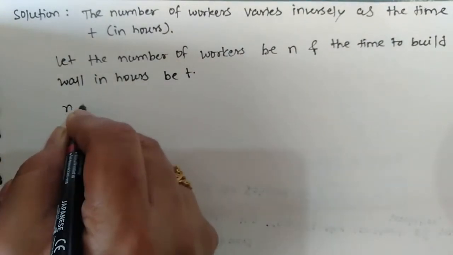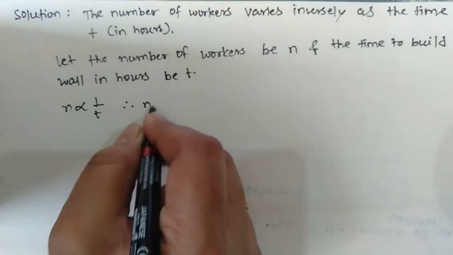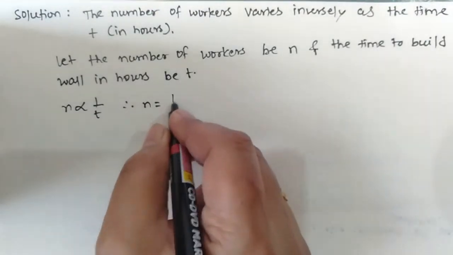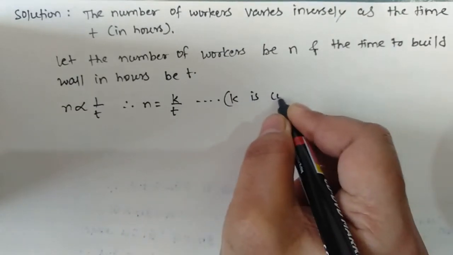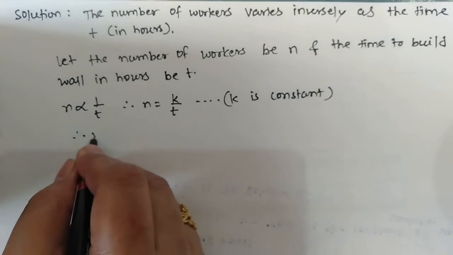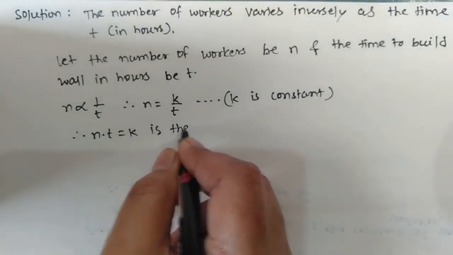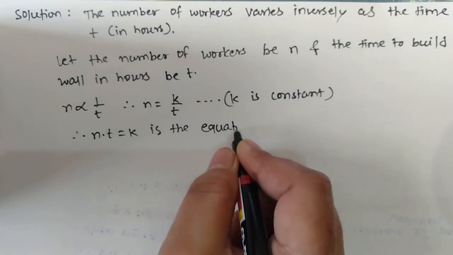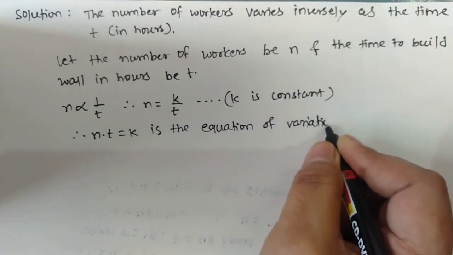So n is inversely proportional to T. Therefore n is equal to k upon T, where k is a constant. So n into T is equal to k is the equation of variation. Correct?